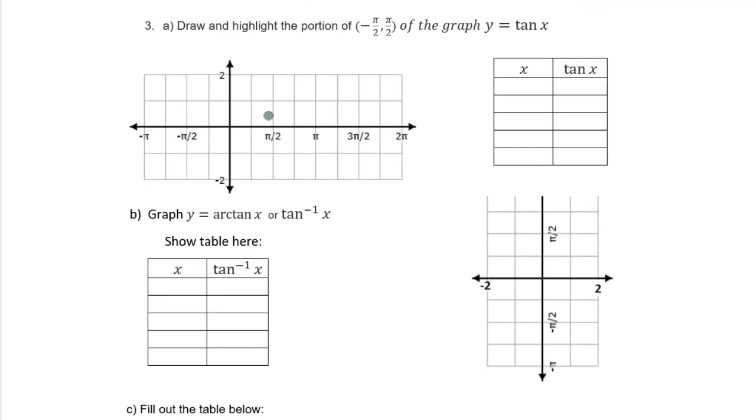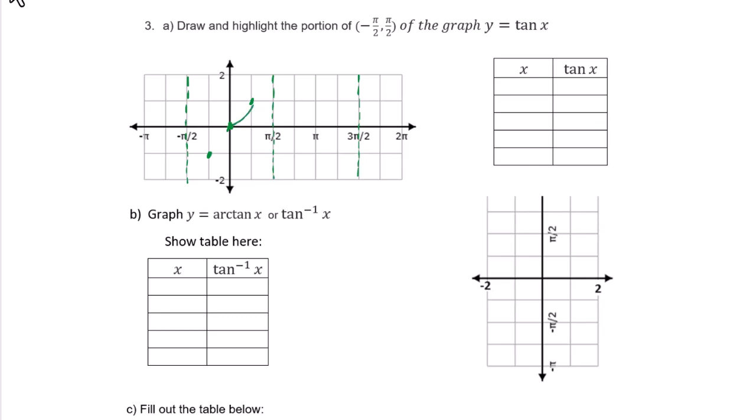Draw and highlight the portion from -pi over 2 to pi over 2 of the graph y equals tangent x. Vertical asymptote lines at x equals pi over 2, x equals -pi over 2, x equals 3 pi over 2. Then get 0, 0; pi over 4, 1; -pi over 4, -1.